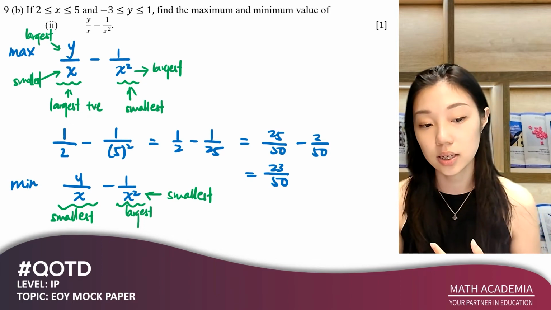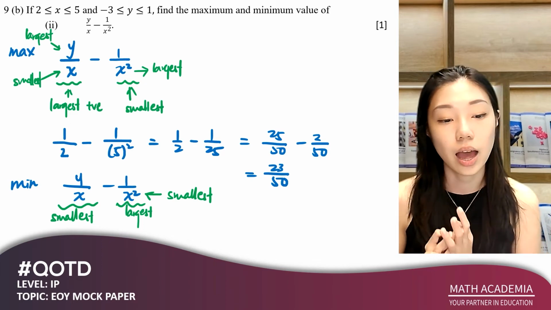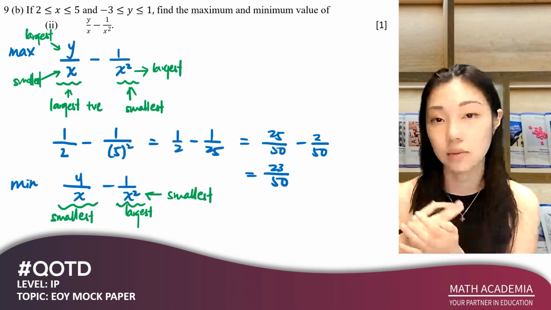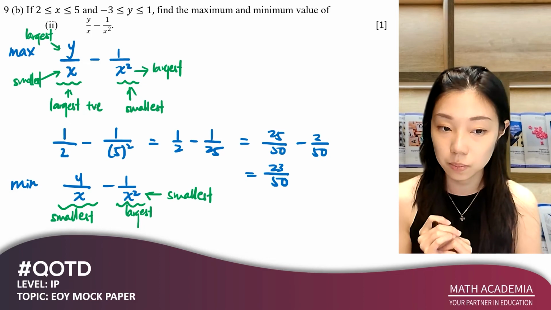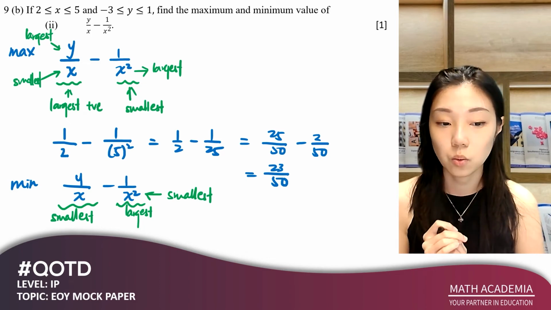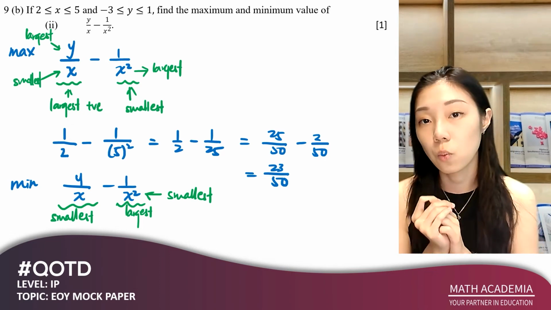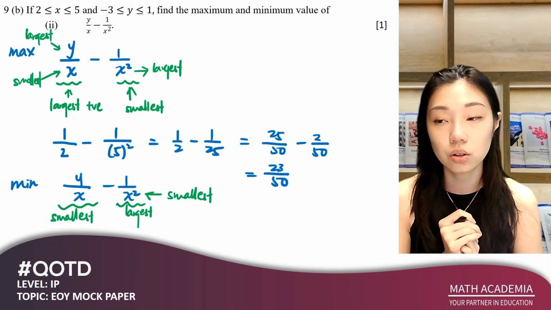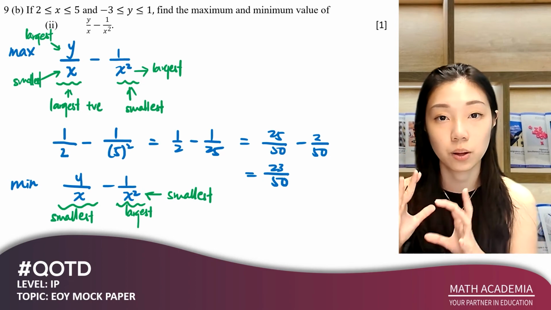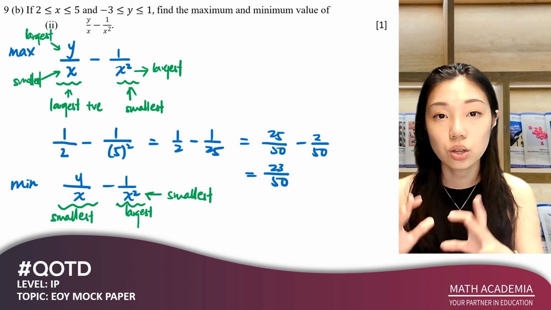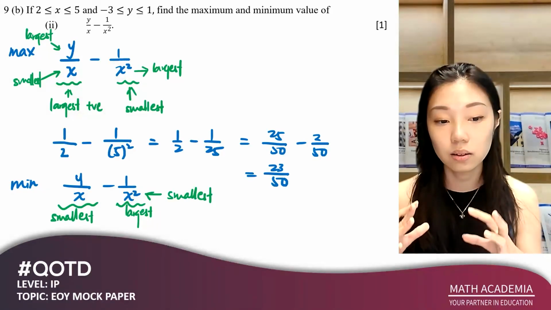Because I can play with the signs, my y could be positive or negative. If I want it to be as small as possible, I would take y to be a negative value. If y is a negative value, then I want the numerical to be as large as possible.